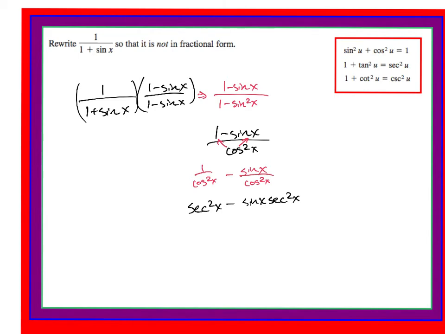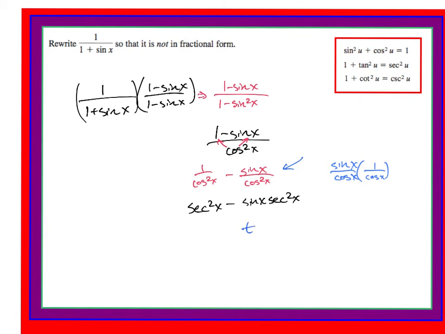How many cosines do I have on the bottom here? I have 2 of them. So if I work with that right fraction, I would have sine x over cosine x, and then I'd still have 1 over cosine x because I have 2 cosines on the bottom. If I rewrite this in a different way, what's sine x over cosine x? Tangent.